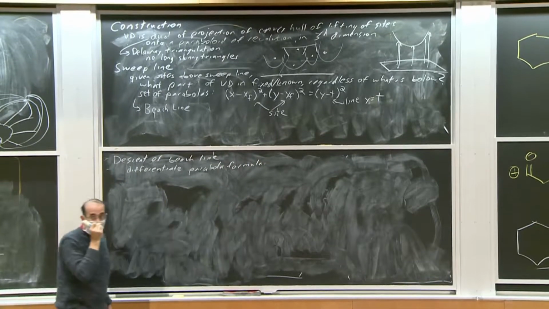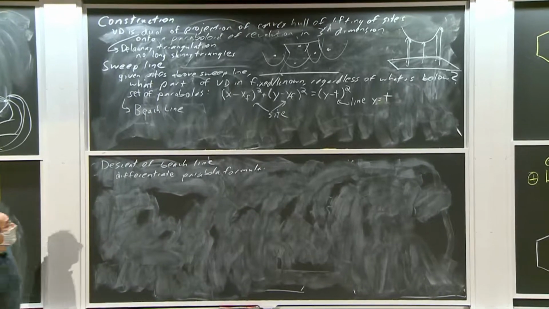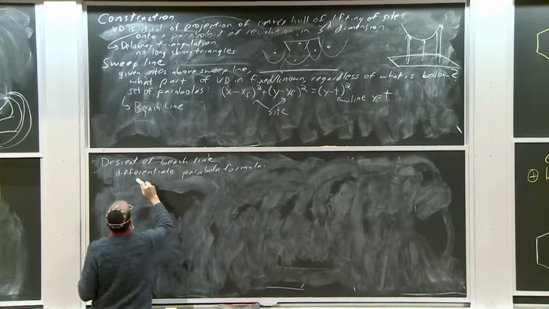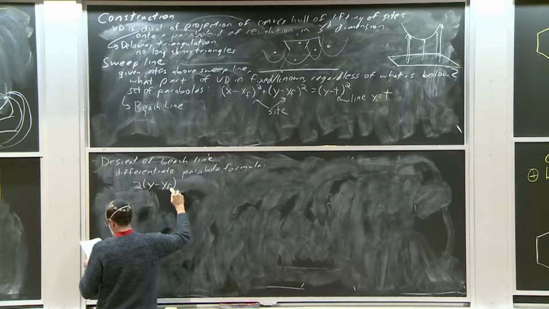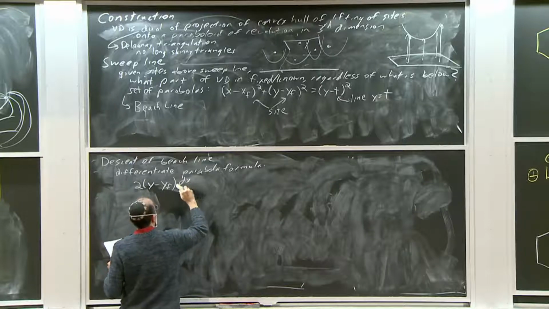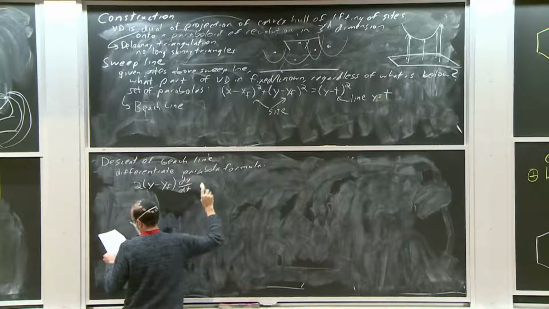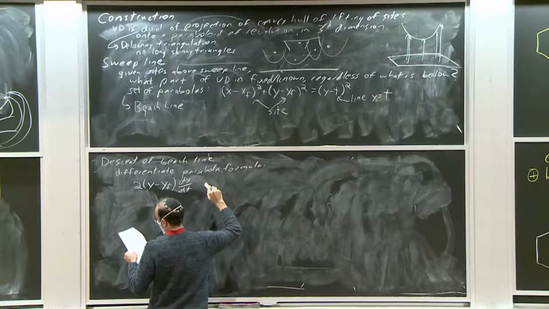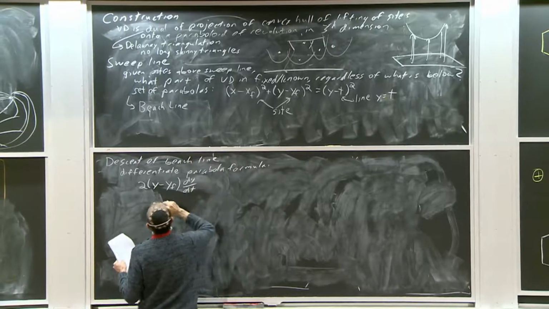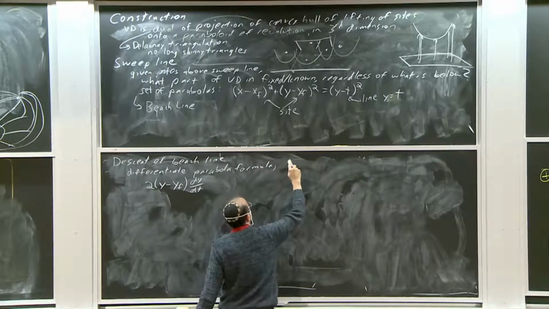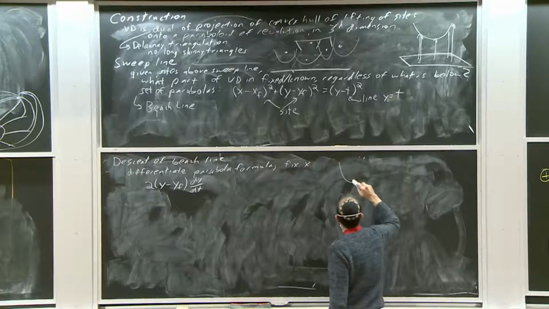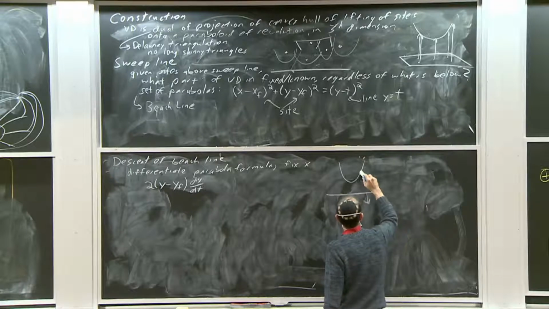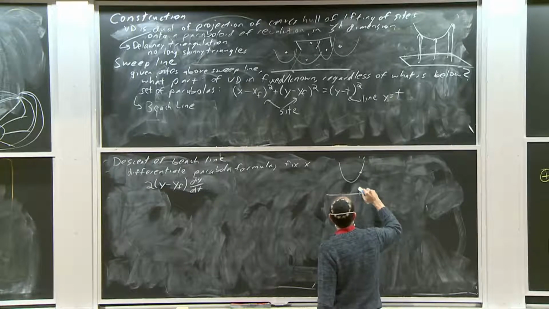If I take d by dt on both sides, what that tells me is that 2 times (y minus yf) times dy/dt, plus, whoops, sorry. I'm going to do this at a fixed x. So I've got this parabola, I've got this sweep line coming down. I'm going to ask, what happens at this value of x?